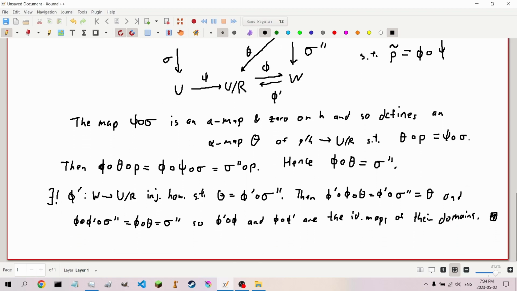And because of this, we see that U over R is identified with W under phi.